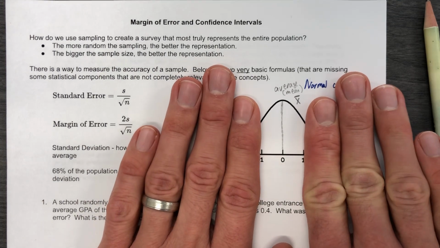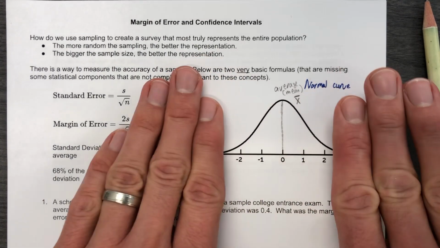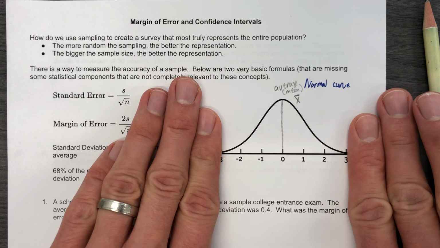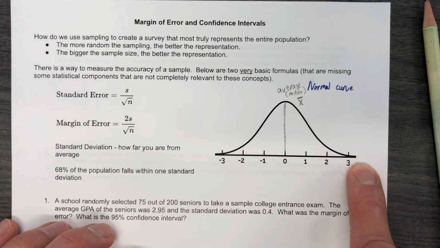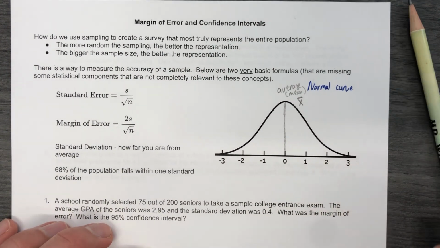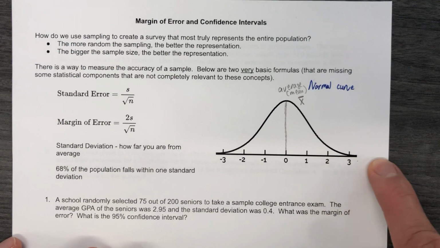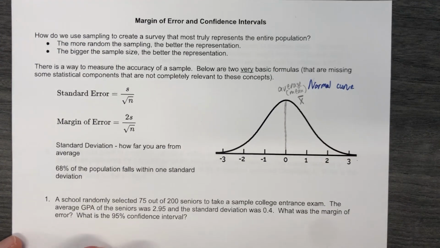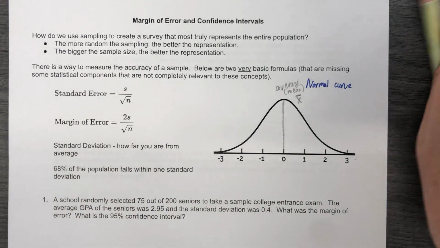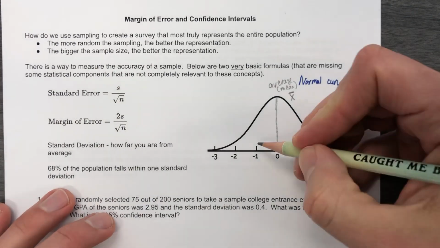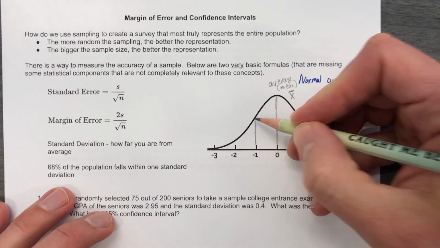So we could do this, and that would be one standard deviation, and then we can go further, and then we can go further. And the further you are from the mean, the rarer it is. So someone that is 8 feet tall, which doesn't exist, but if someone was 8 feet tall, they'd be way out here, okay? So here we go. This is within one standard deviation, just like I said.